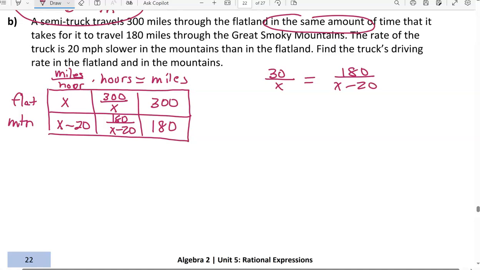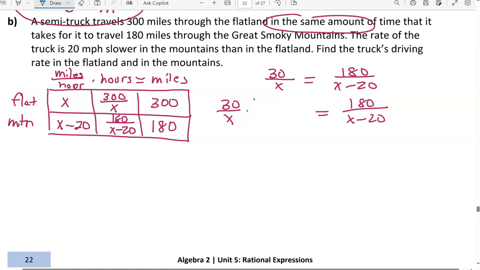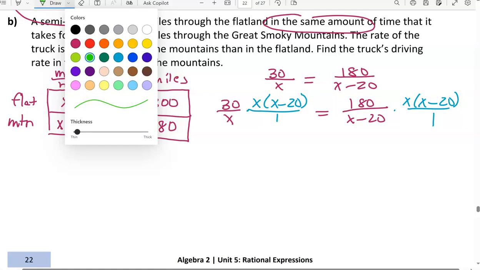All right, so we're going to multiply each fraction by the least common denominator, and that least common denominator is x times x minus 20 over 1. And now we can cancel common factors.